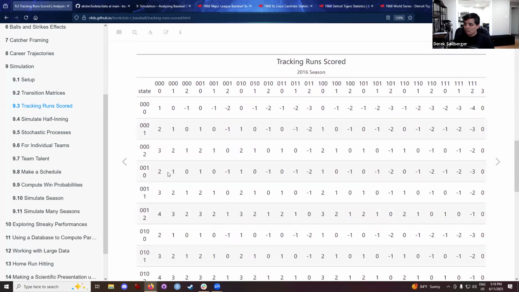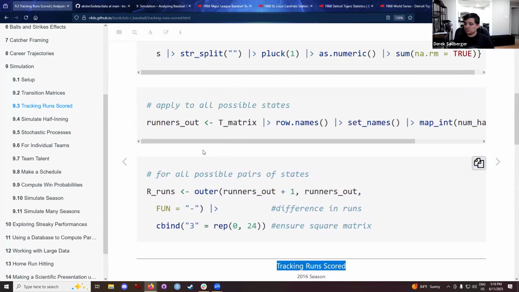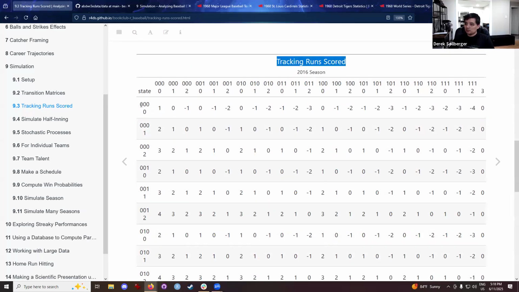Now, in interpreting this, I might have some of my words switched, so there might be some errors here. But say on the left, we have a zero base runner, zero out situation. We mentioned that if we go to a new state of zero base runners, zero outs, 1 run had scored, namely the batter hit a home run.